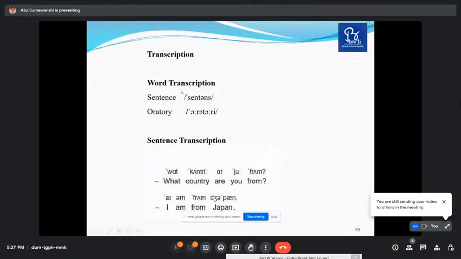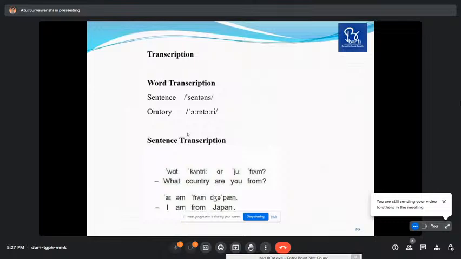Sentence transcription is also called oratory. So we transcribe the word, and the second thing, we transcribe the sentence. So here are two types of transcription.